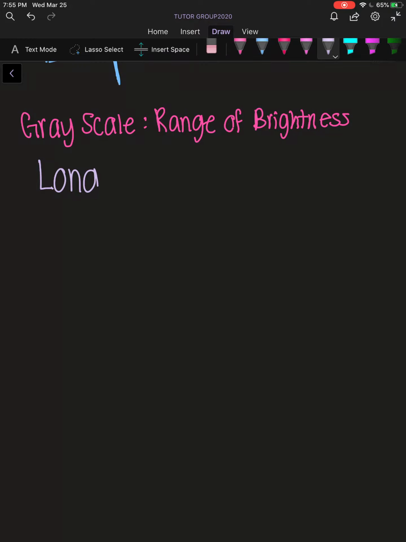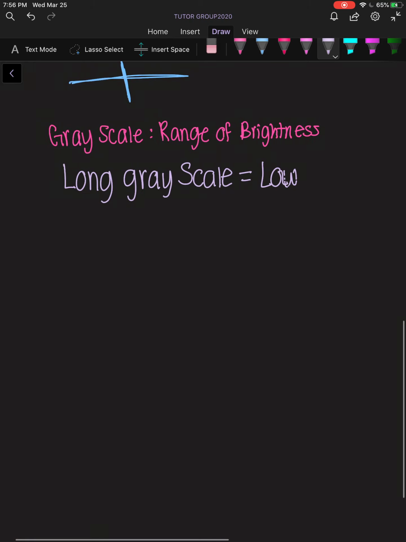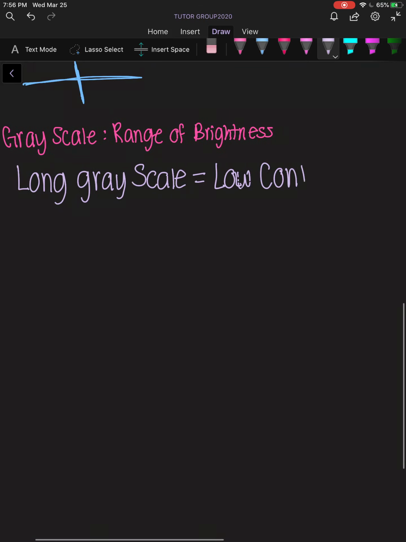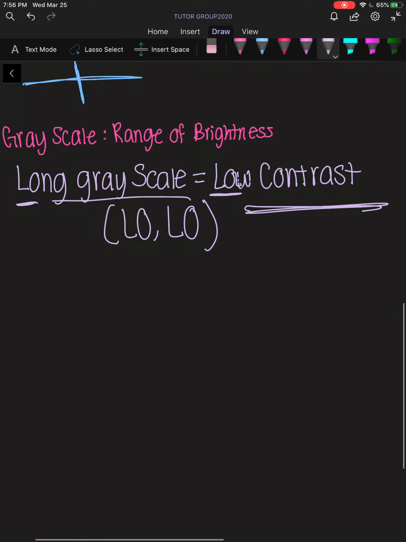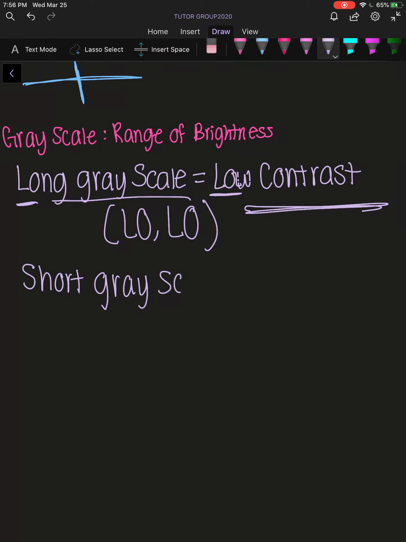If you have a long grayscale, that would mean low contrast. The way you can remember this one is think of low, low, low, low. Long grayscale equals low contrast. The next one, of course, is if you have a short grayscale, that means you are going to have high contrast.